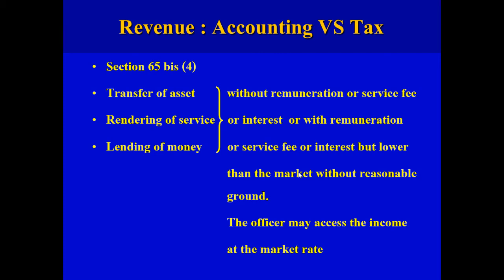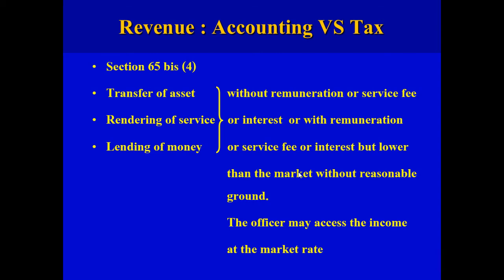So I decide to sell a table, which normally I sell at a market price of 10,000 baht, to her for only 5,000 baht, because I would like to favor them without any other reason. This type of transaction is the transferring of an asset with remuneration, but it is lower than the market price without reasonable ground.